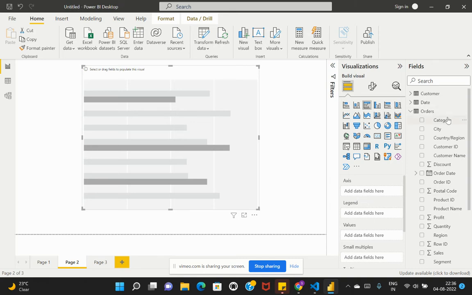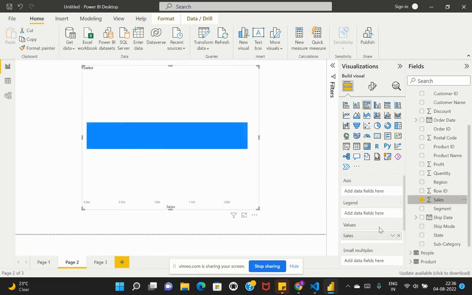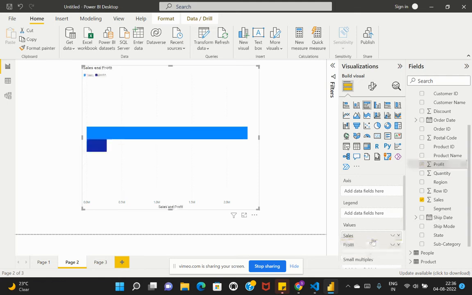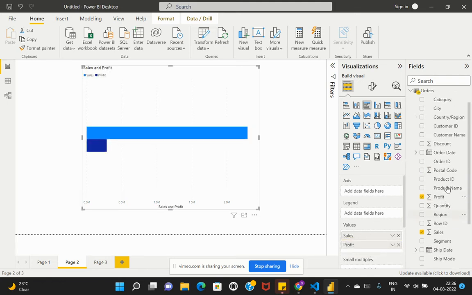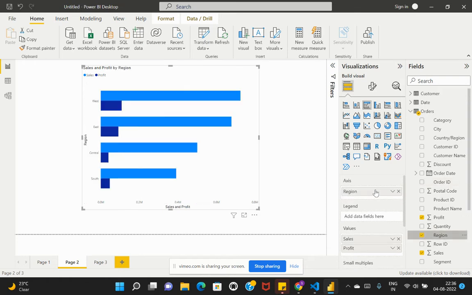So I would like to perform an analysis or compare my metrics based on sales and profit to understand how are these two measure values been performing based on a specific region. Okay, so here I had made this region on my x-axis, or it's the y-axis here.